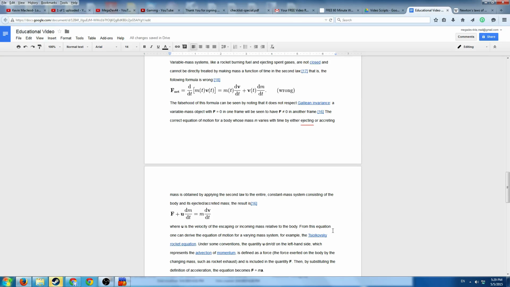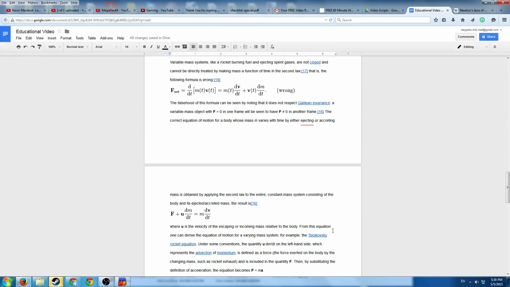The result is F plus u dm/dt equals m dv/dt, where u is the velocity of the escaping or incoming mass relative to the body.